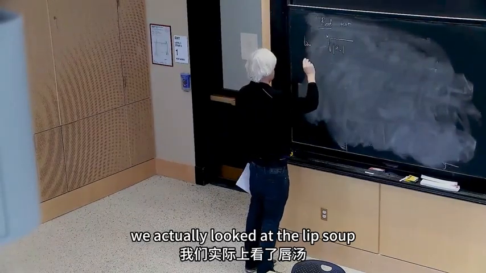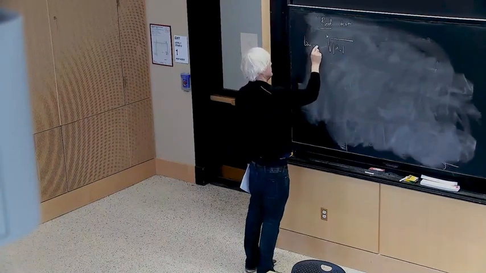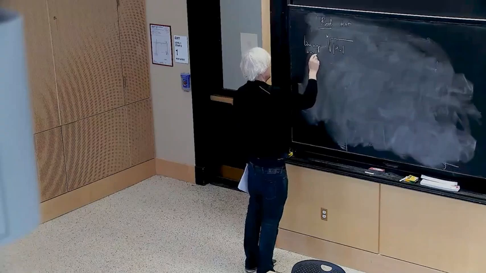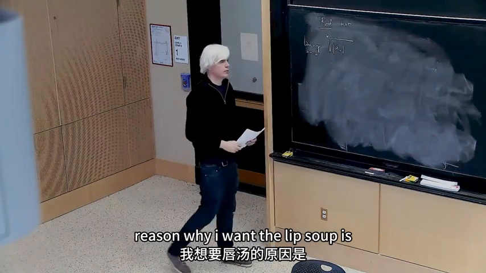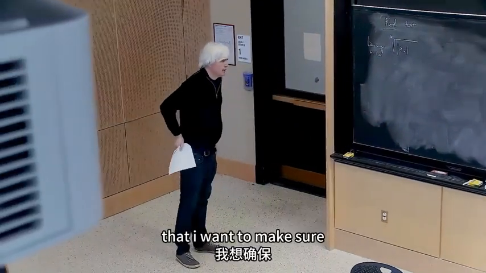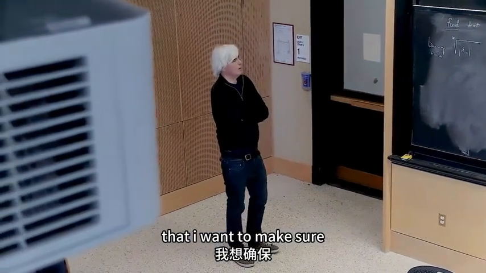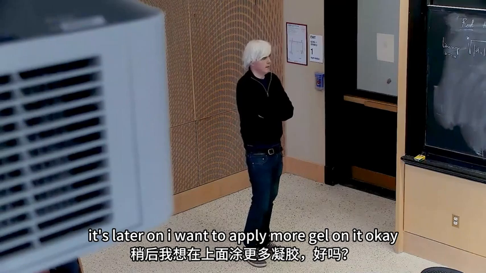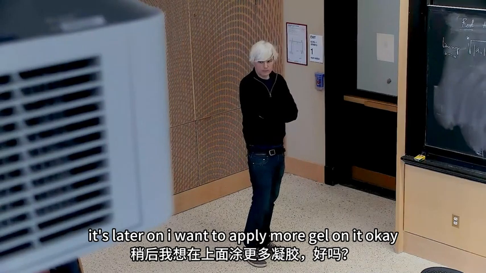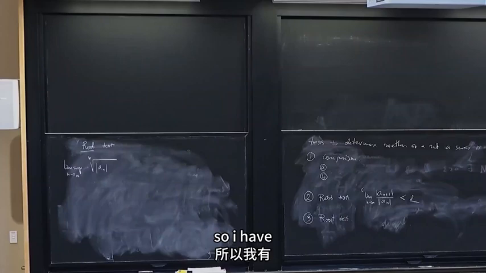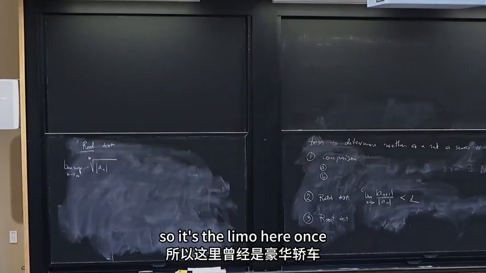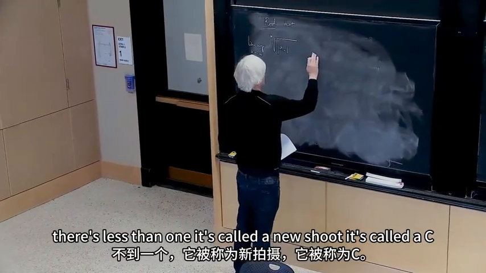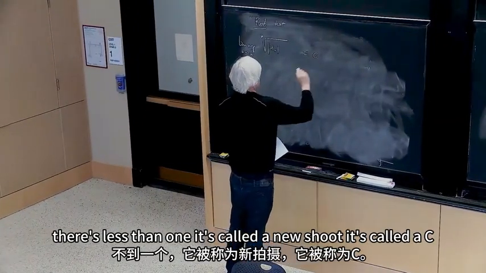We actually looked at the lim sup. I'll write in the lim sup. The reason why I want the lim sup is that I want to apply it more generally later on. So let's call the lim sup c.